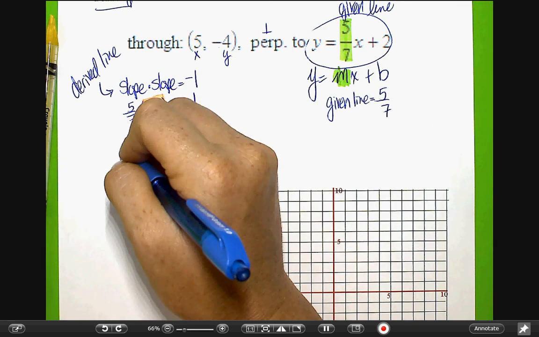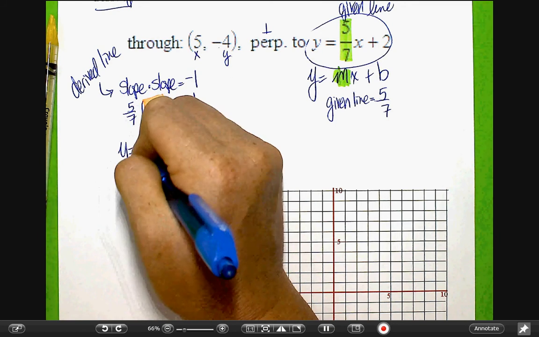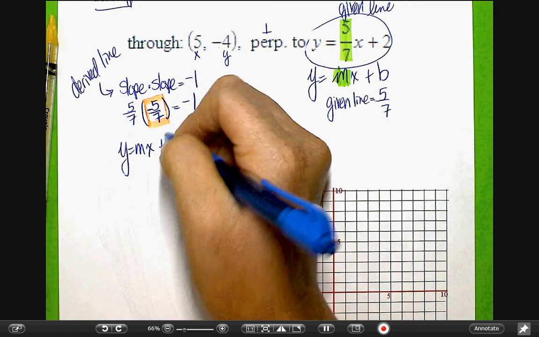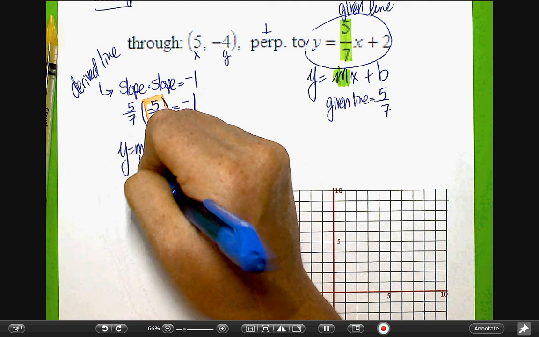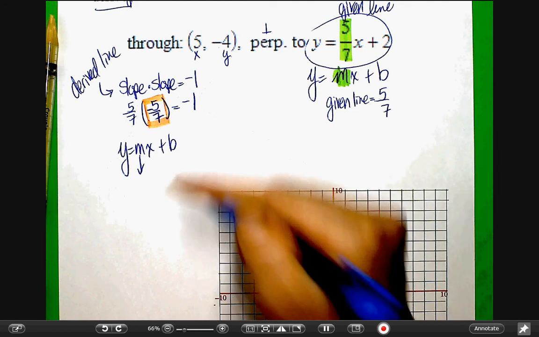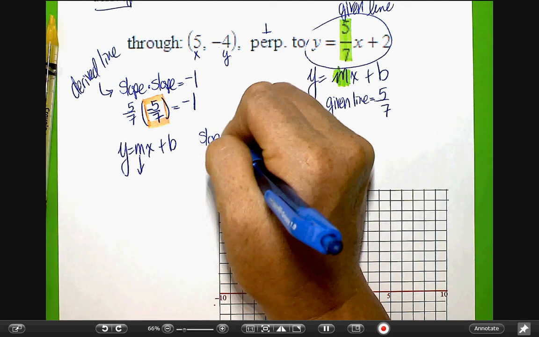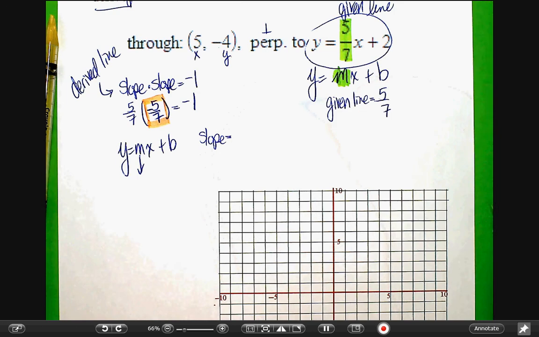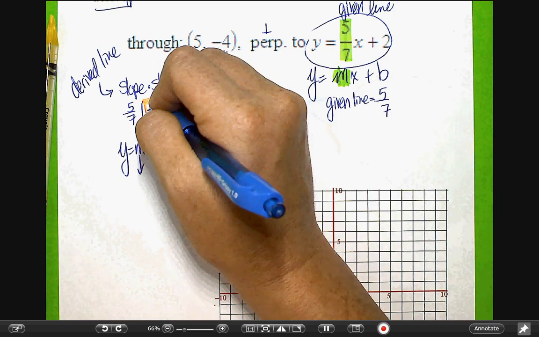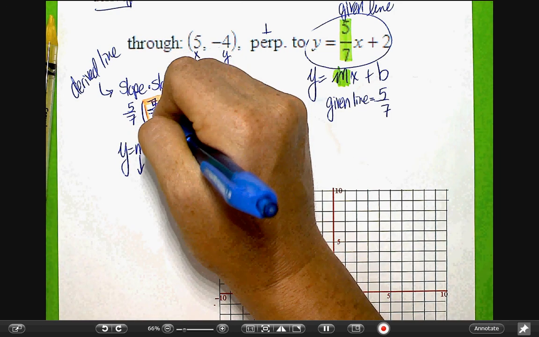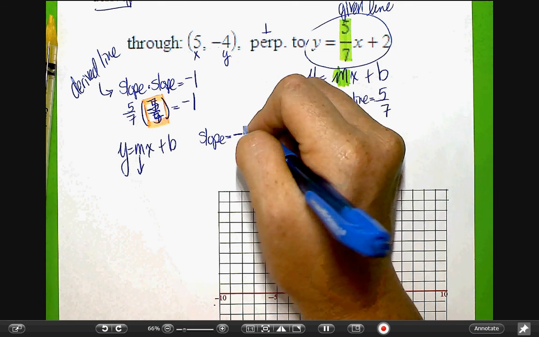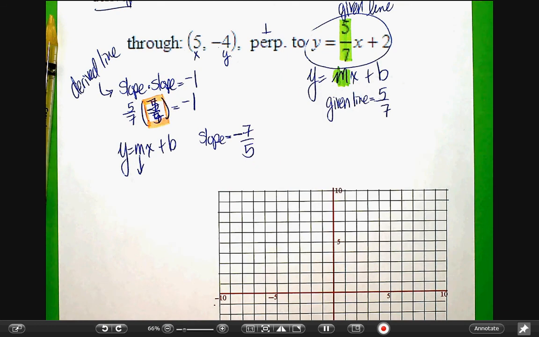So for our derived line, let's write our equation. We want y equals mx plus b. So we know for our derived line, our slope is going to be flipped, -7/5.